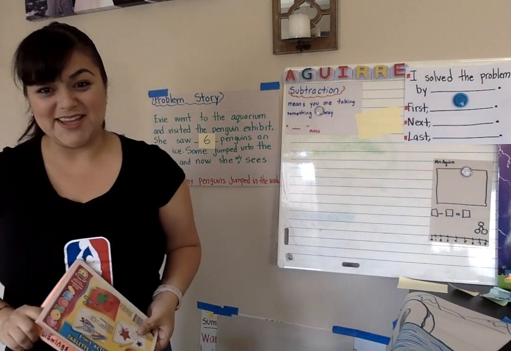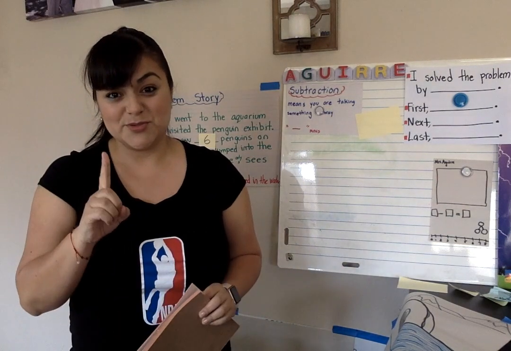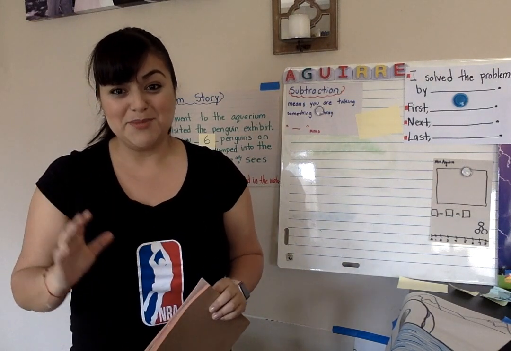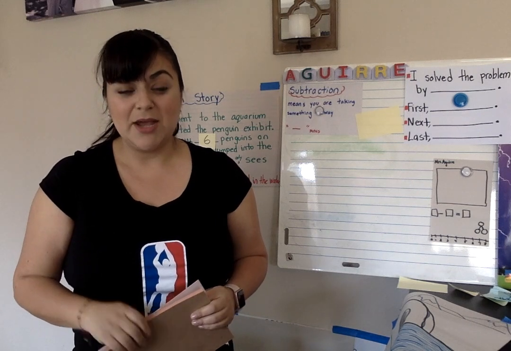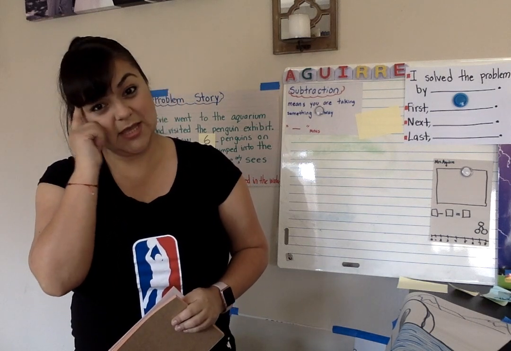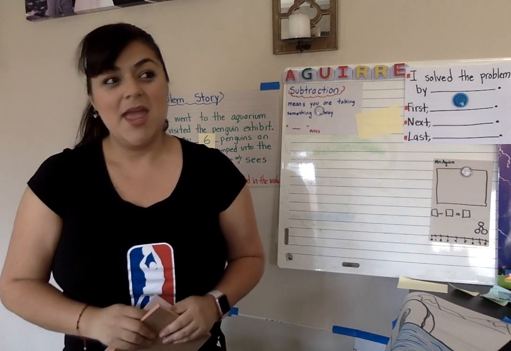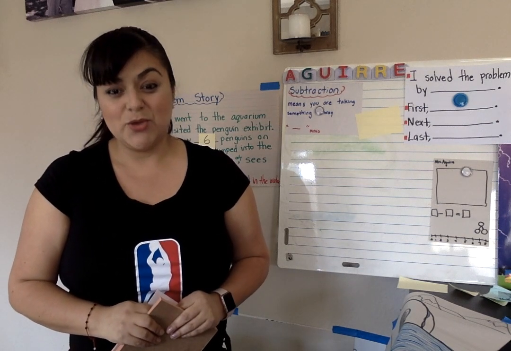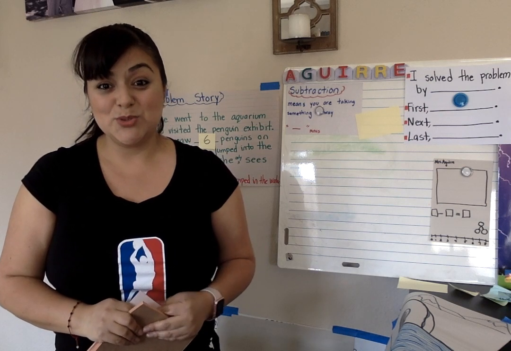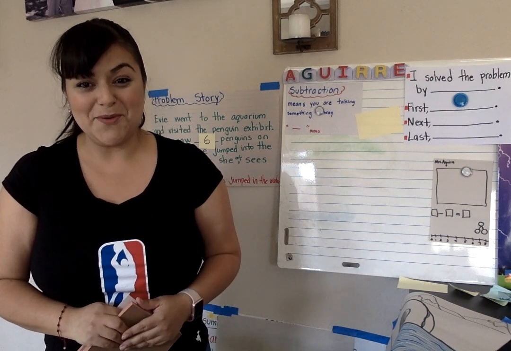Great job. Okay, so for today, first we're going to solve a problem together, and I'll share with you what I'm thinking as I'm solving the word problem. And then you will have a chance to do a word problem on your own at home.